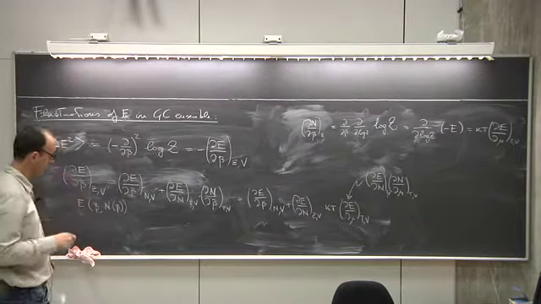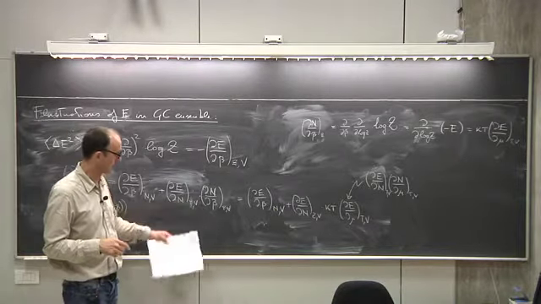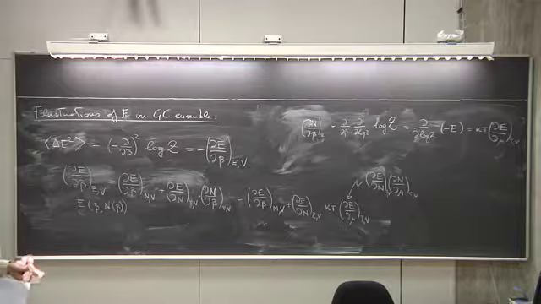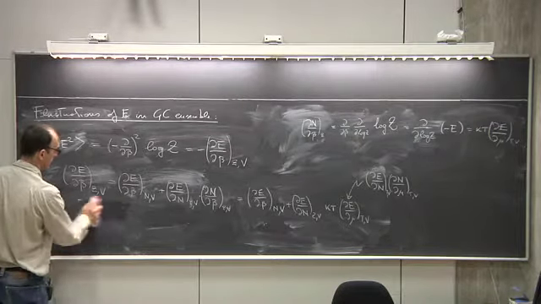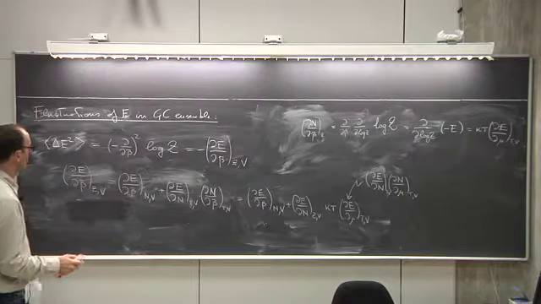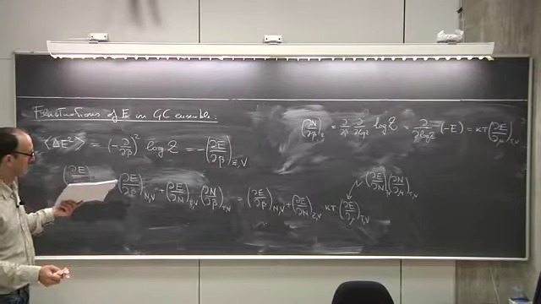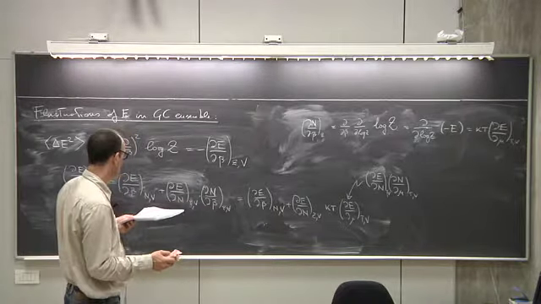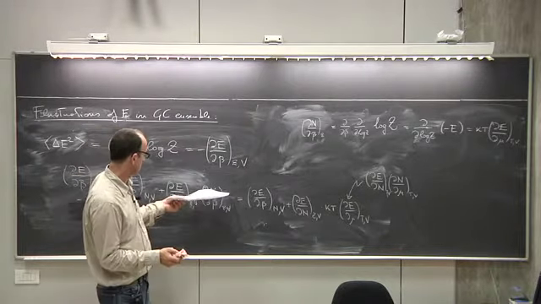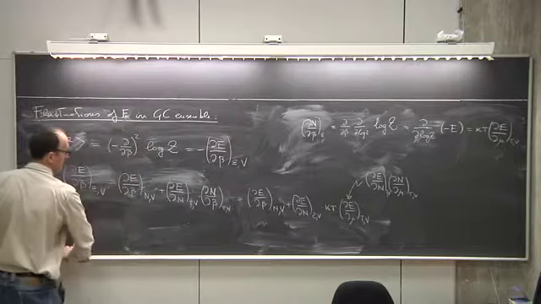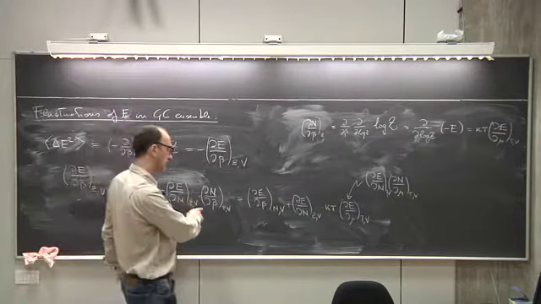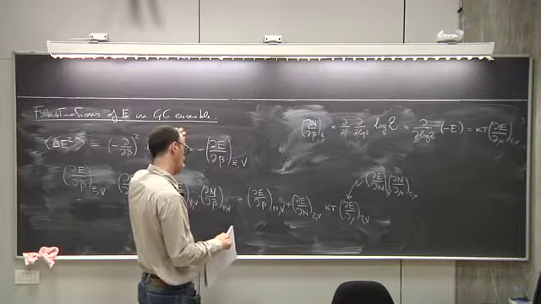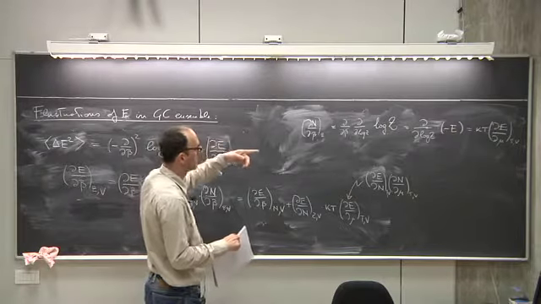And so this is the dE/dN at constant T. So you see, if I put all these things together, what I have is kT dN/dβ.